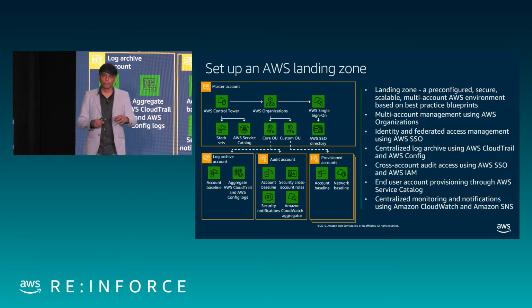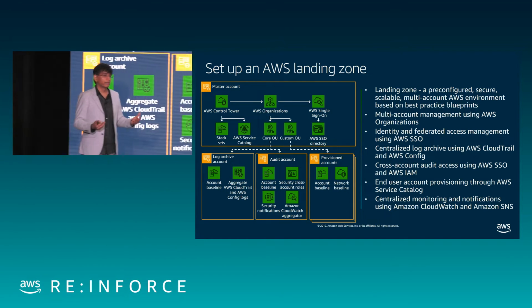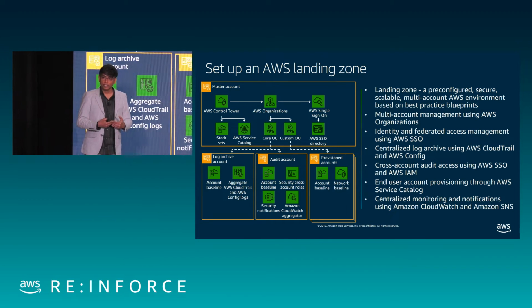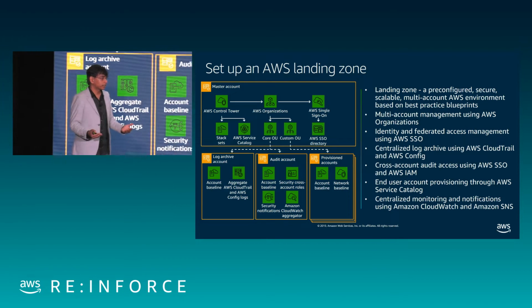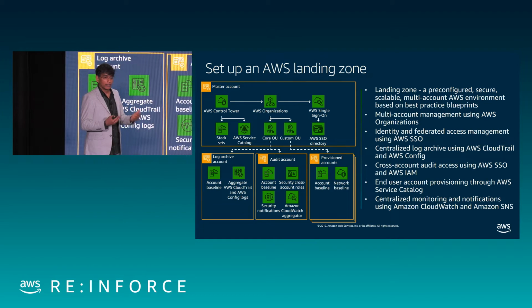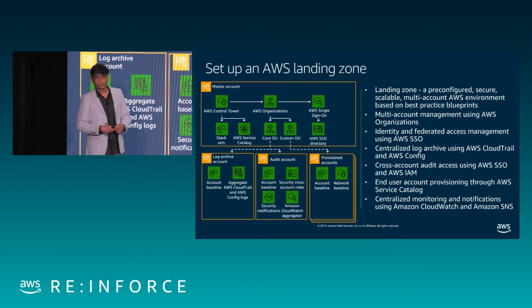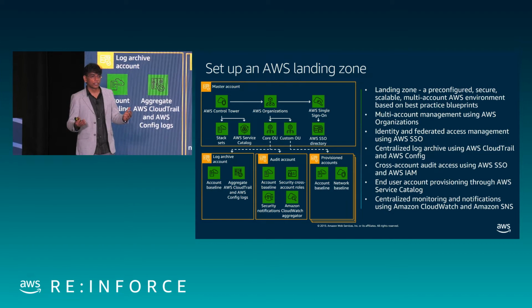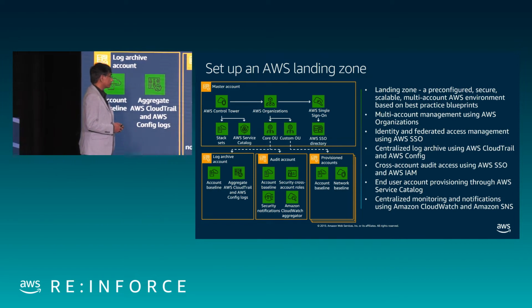Control Tower provides you with an account factory, which is a template where you define basic network configuration settings for how you'd like your accounts to be standardized. And then it's automatically published to a service catalog where your end users can configure and provision accounts. And this automates the account provisioning workflow, which is typically cumbersome in a multi-account organization.